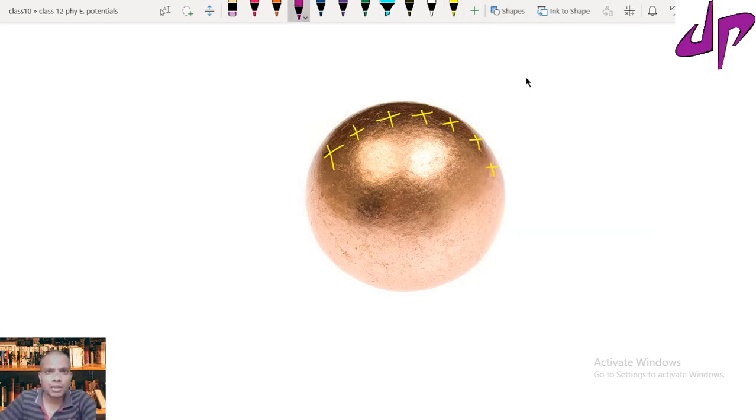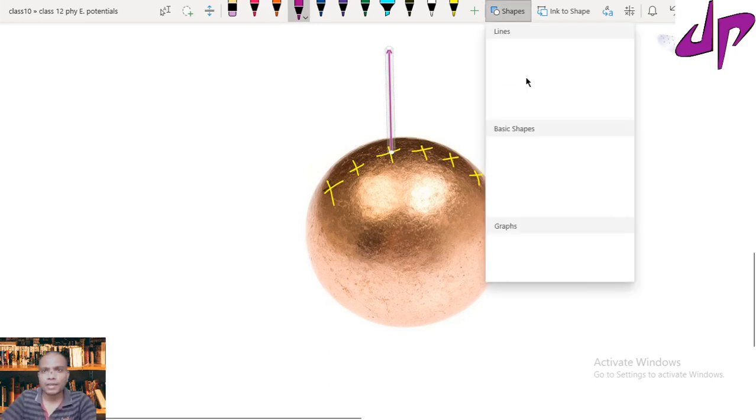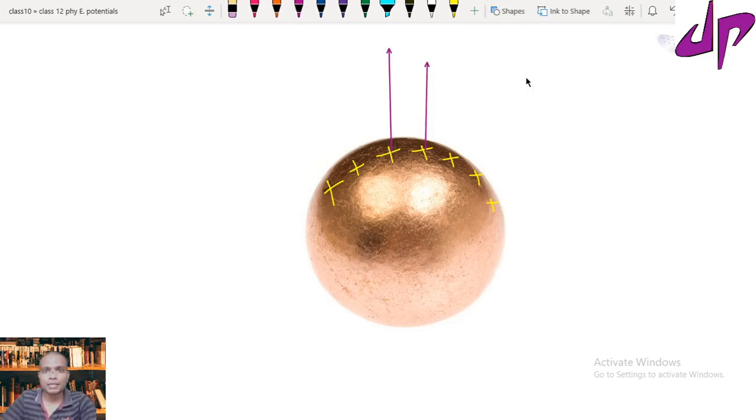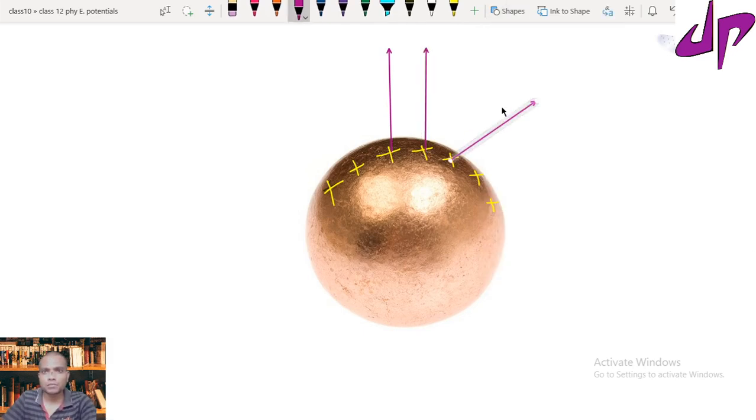How can we draw them? We will draw the electric field lines here, and they should be normal. For any conducting surface, they should all be normal to the surface.